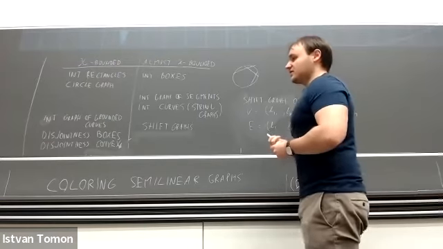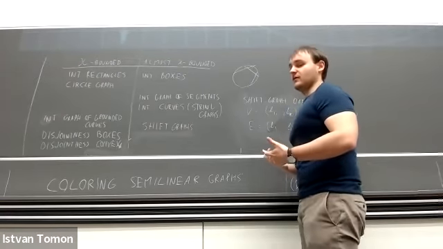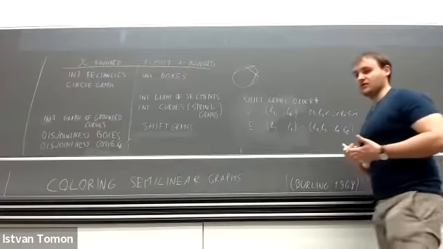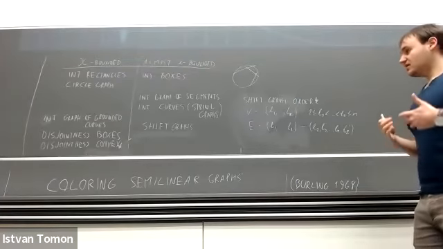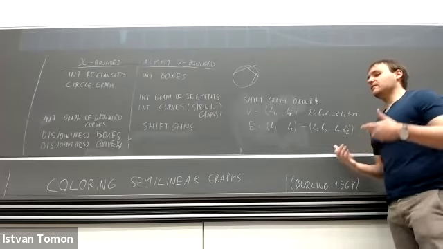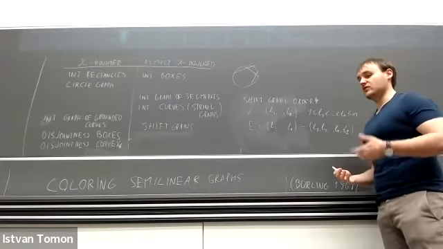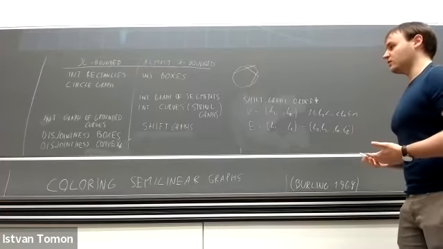So after seeing all these examples, you might have this feeling, or you might even formulate a meta conjecture that maybe it's true that every reasonable family of geometric graphs needs to be either chi-bounded or almost chi-bounded.